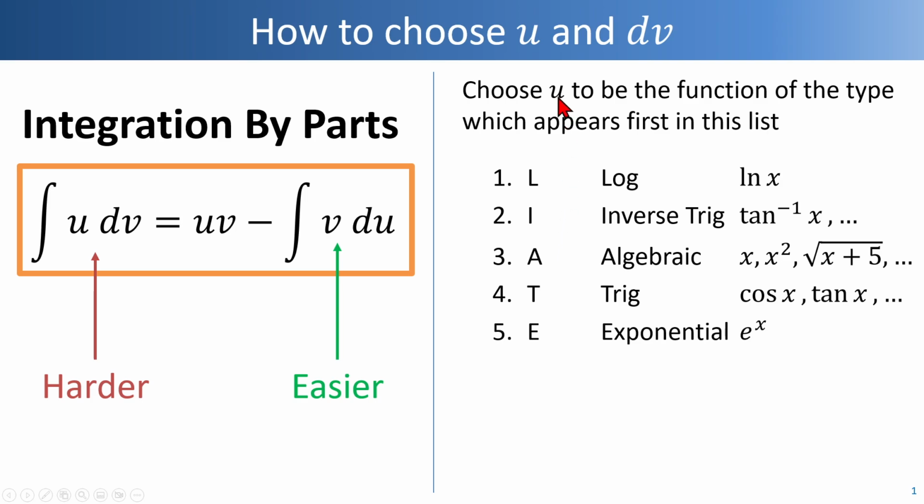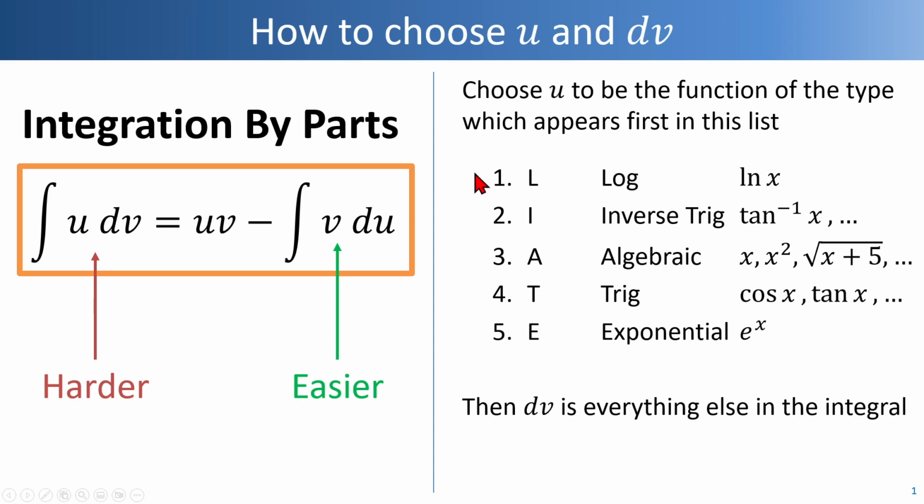Then you set u equal to that. So like if there's a log function, always set u to be the log function. If there are no logs, check for inverse trig. If there are no inverse trig, check for algebraic, etc. Since the exponential is at the very bottom of this list, it's actually pretty rare that you choose u to be e to the x.